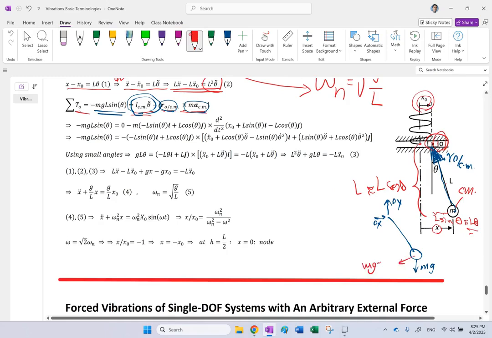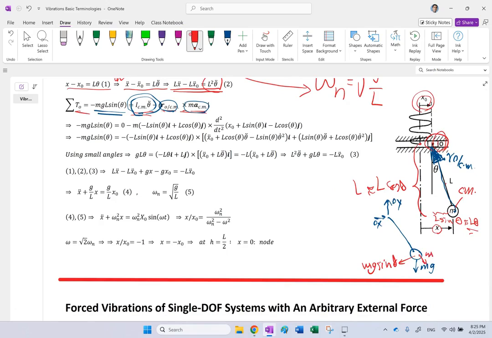Remember, this is mg sine theta, and this component here is mg cosine theta. So only mg sine theta will create a moment, and since theta is counterclockwise, the moment of this is clockwise, so it's going to be negative mg sine theta times L. So that is your total moment, equal to I Cm theta double dot minus R of O with respect to Cm times this.